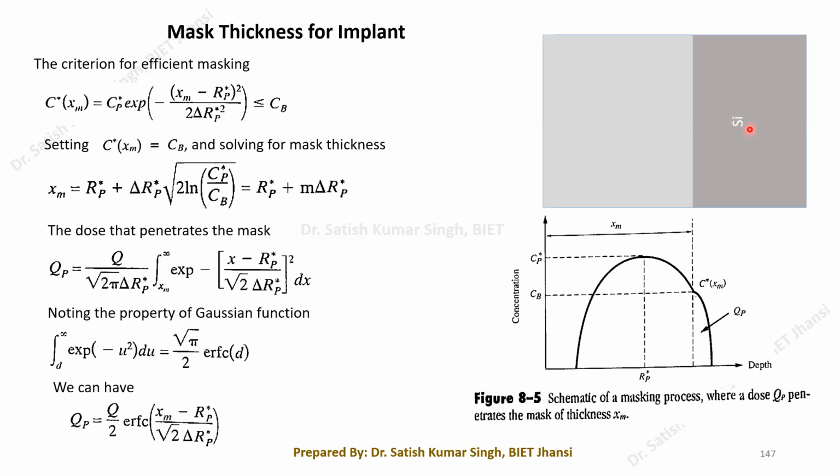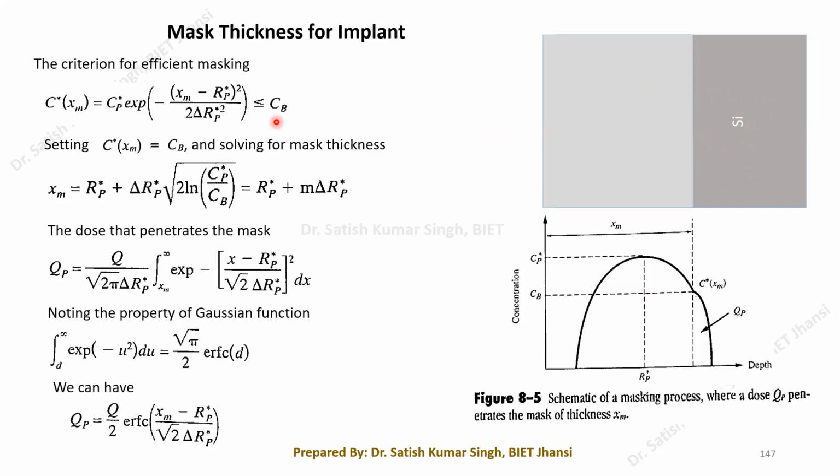The background concentration of the p-type doped material is cb, which we call the background concentration of our target material.